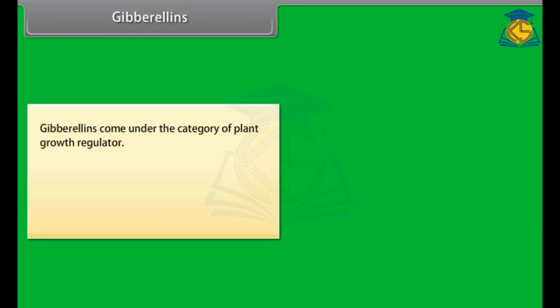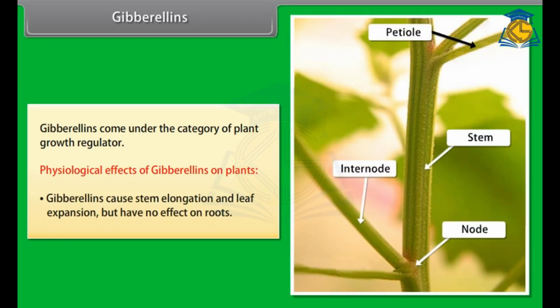Gibberellins. Gibberellins come under the category of plant growth regulators. Physiological effects of gibberellins on plants. Gibberellins cause stem elongation and leaf expansion but have no effect on roots.